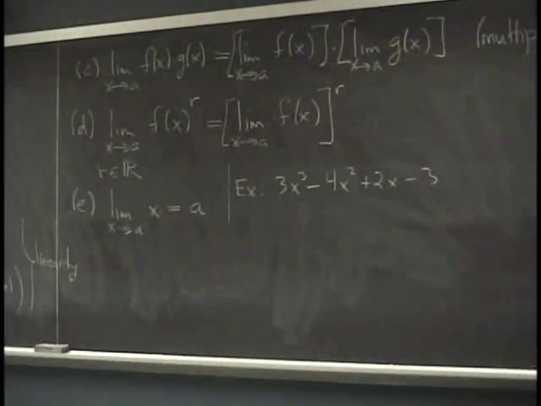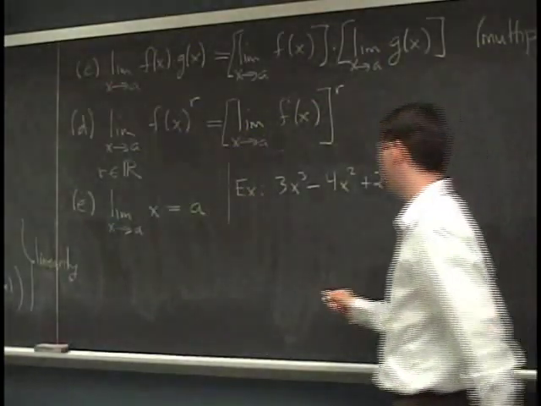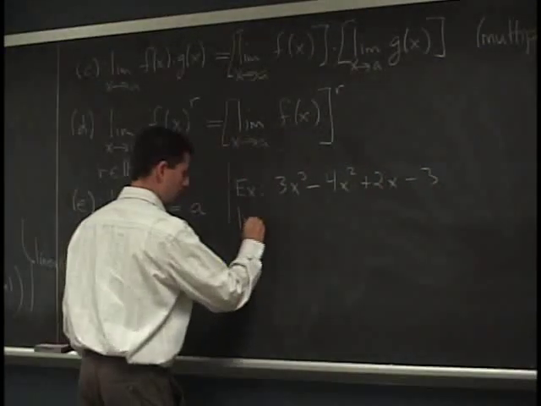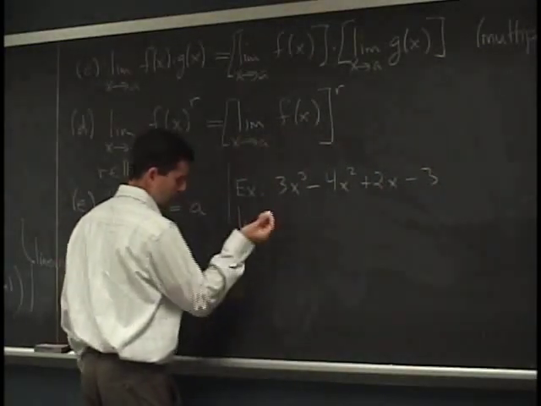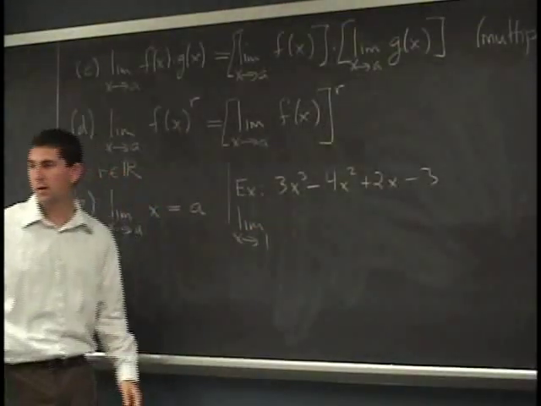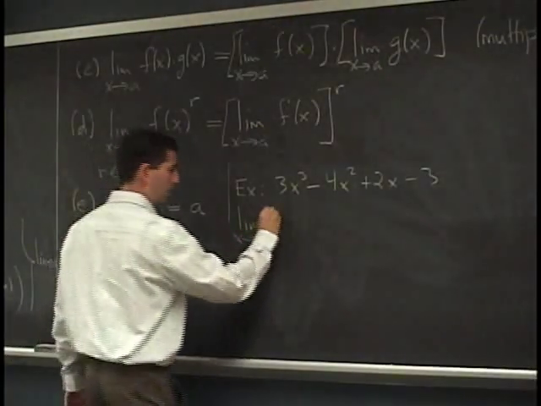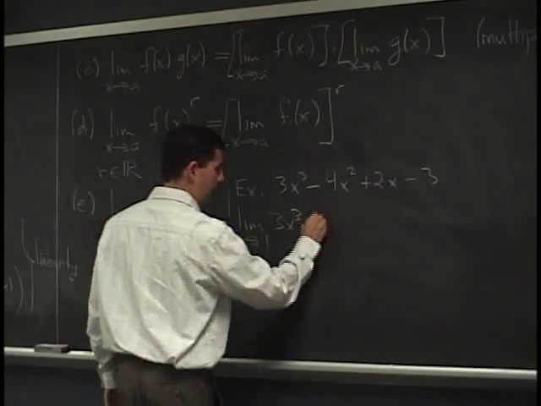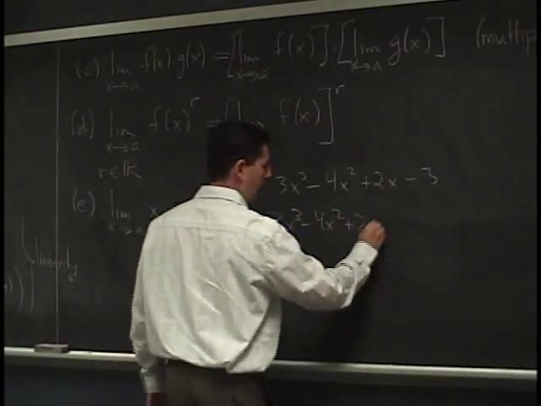Alright, so I'm going to take the limit as x approaches 1, say, of 3x cubed minus 4x squared plus 2x minus 3.